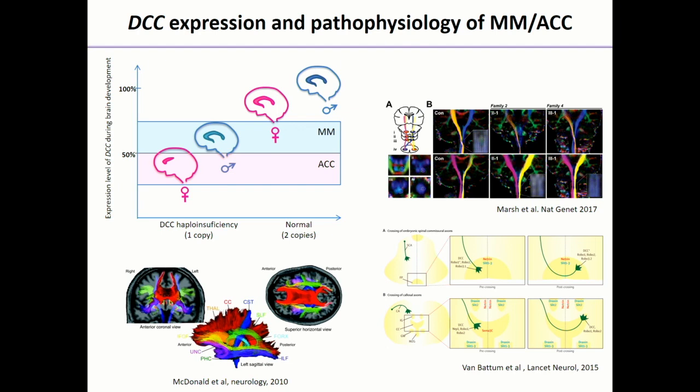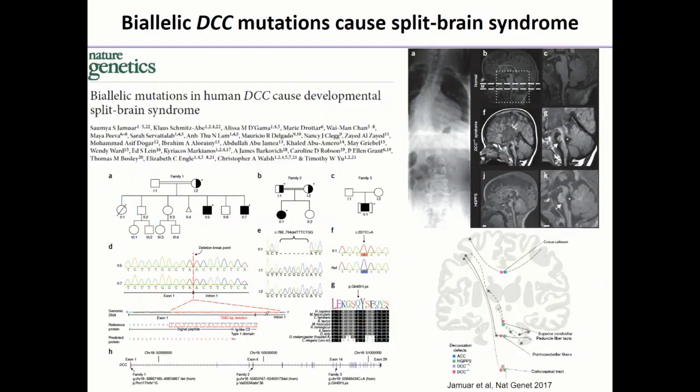In normal individuals, you have a decussation and a crossing of the corticospinal tract at the level of the pons. It has been shown that the callosal tracts and the corticospinal tracts pass the midline a bit differently, and that DCC and NTN1 act differently to make them pass the midline. So probably it's too simplistic. It seems more complicated than that, and we don't know exactly all the modifiers that can determine this phenotype.